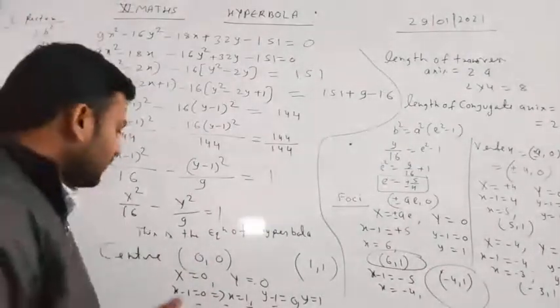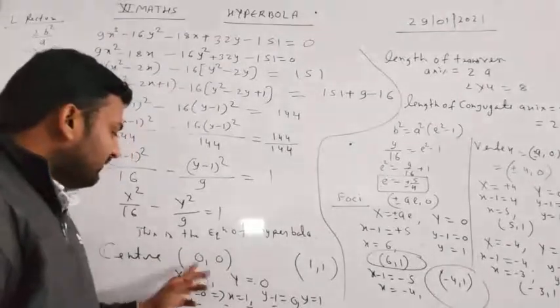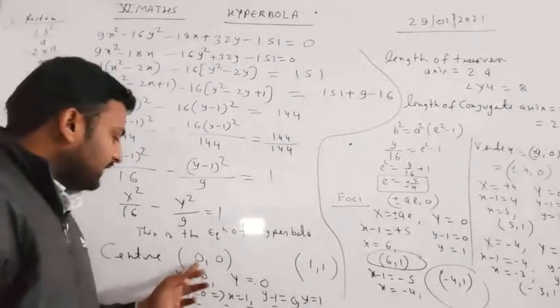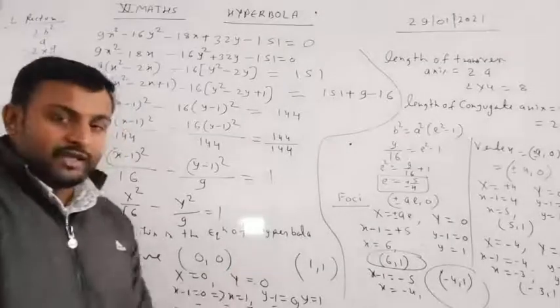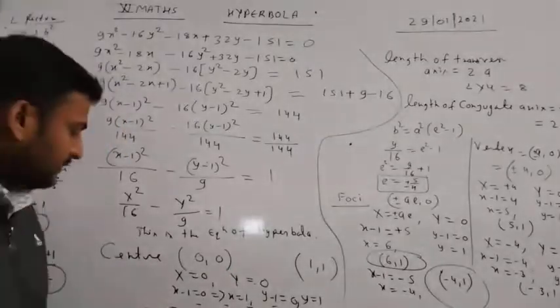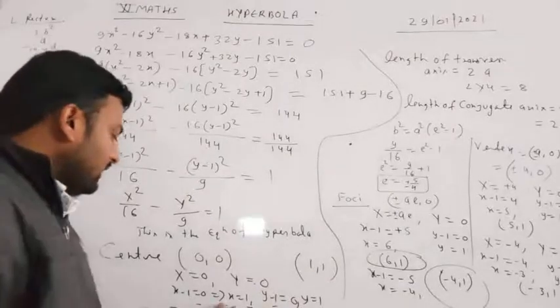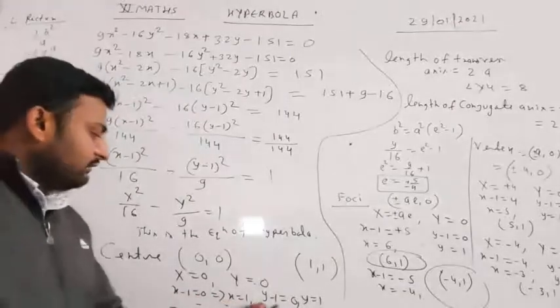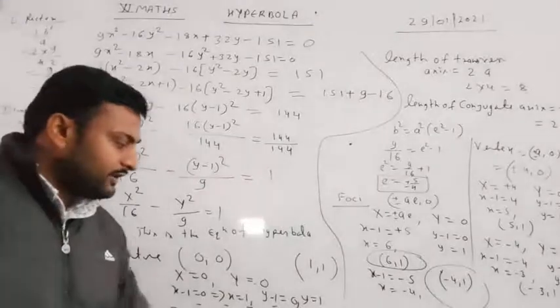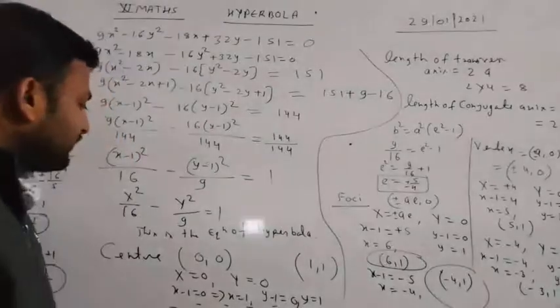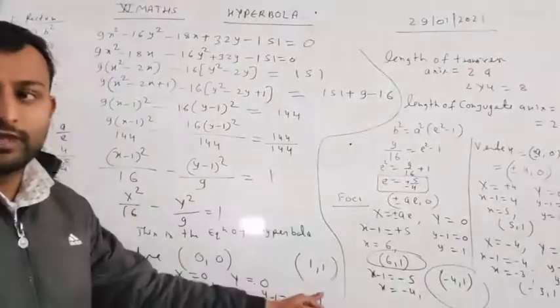In this case our center is 0, 0, which means capital X is 0 and capital Y is 0. So x minus 1 is equal to 0 implies x is equal to 1, and y minus 1 is 0, so y is equal to 1. It means our center is 1, 1.